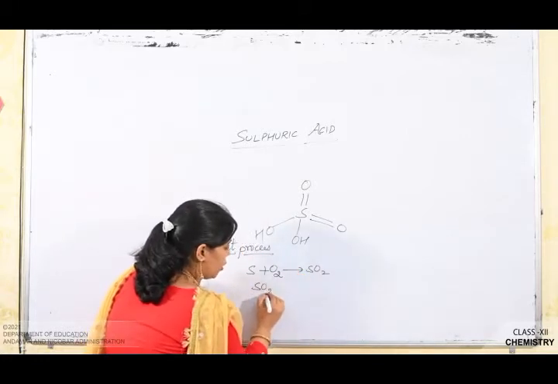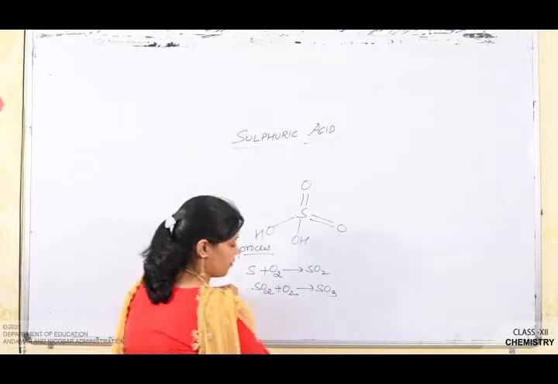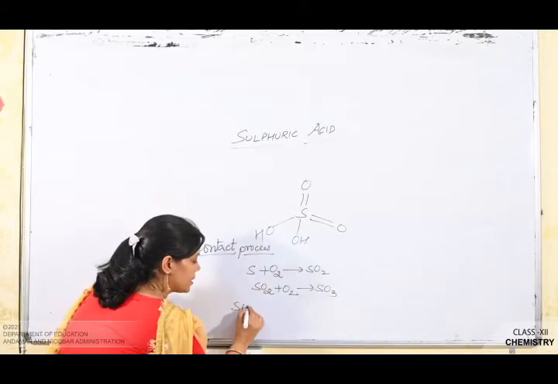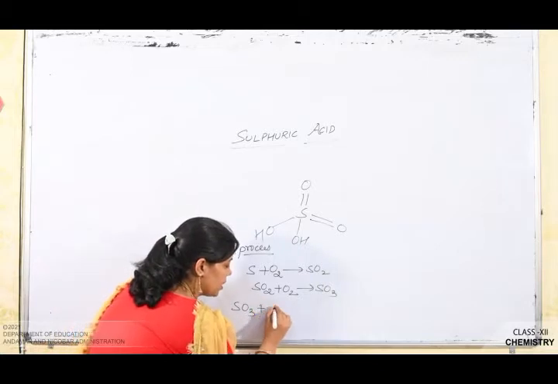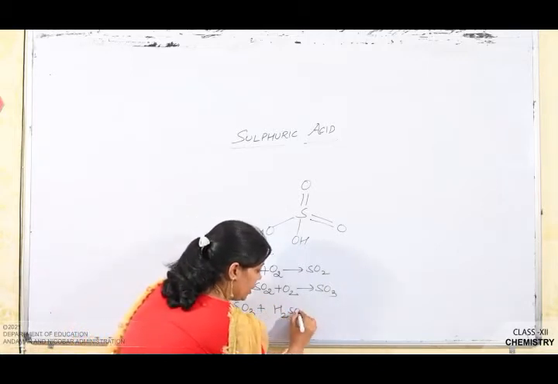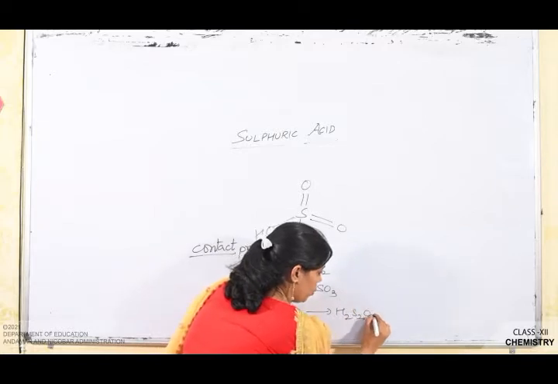Then sulfur dioxide undergoes oxidation with the oxygen molecule to give sulfur trioxide, and this sulfur trioxide is absorbed in the concentrated H2SO4. It gives the oleum, that is H2S2O7.